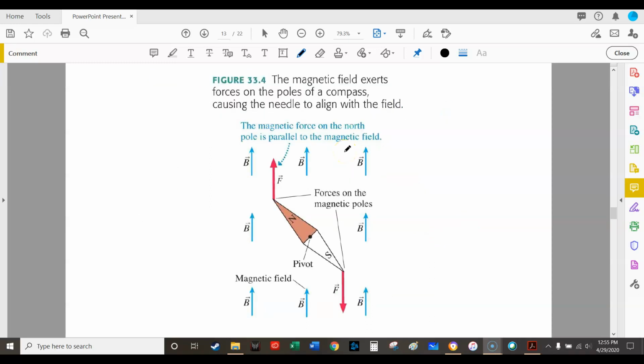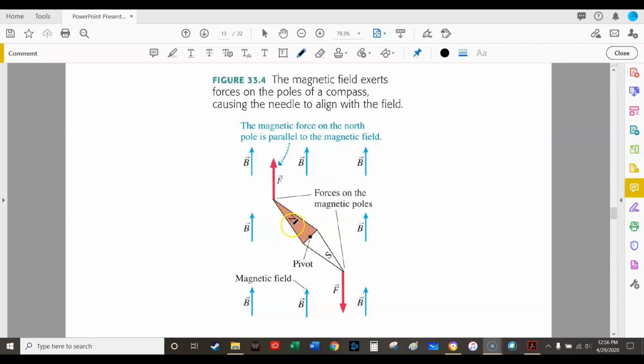From that earlier example with that magnet and the iron filings, you now know that a compass will align itself in the direction of the magnetic field. Okay, so here we have a magnetic field in blue, the little blue arrows that are pointed upwards, right?